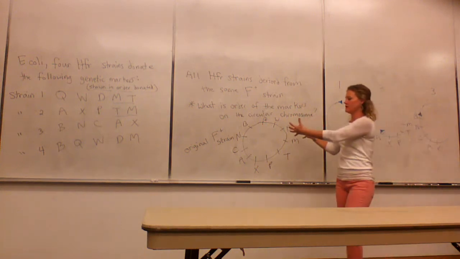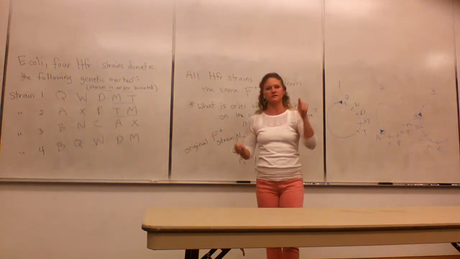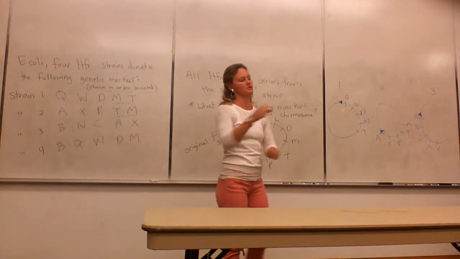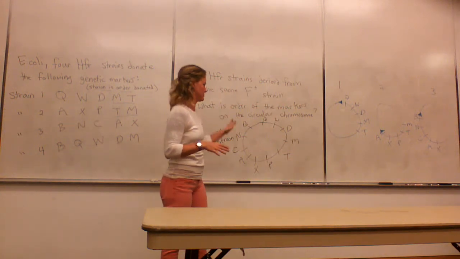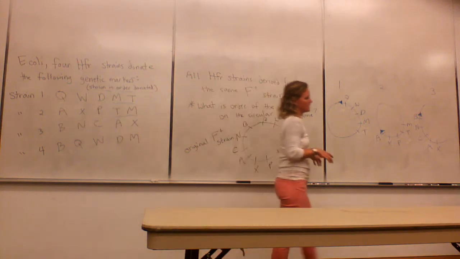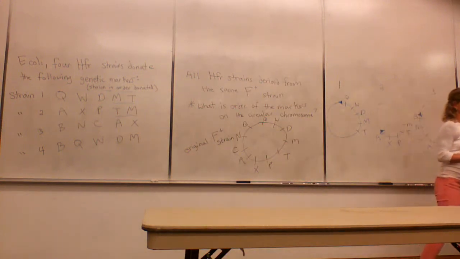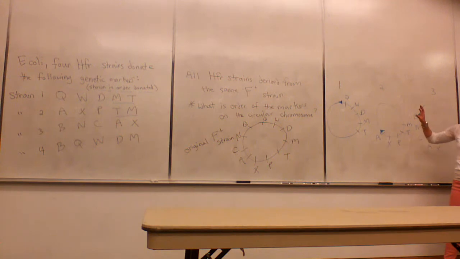Because this is a 3-dimensional circular piece of DNA that's moving all around and can flip over and all that kind of stuff. Okay. So those are still the correct answer, but you're trying to get this order as it goes around. Okay, so that's how I would approach this type of problem. Make separate maps for each strain and then consolidate them all into one map.